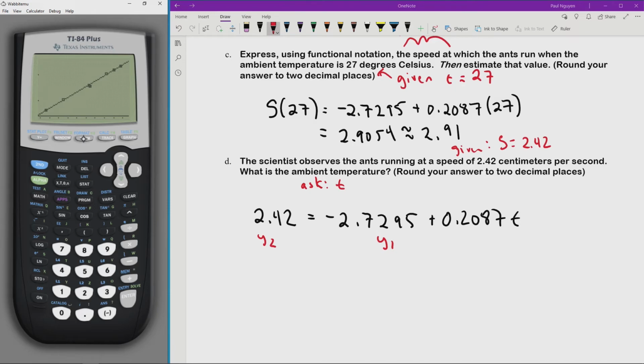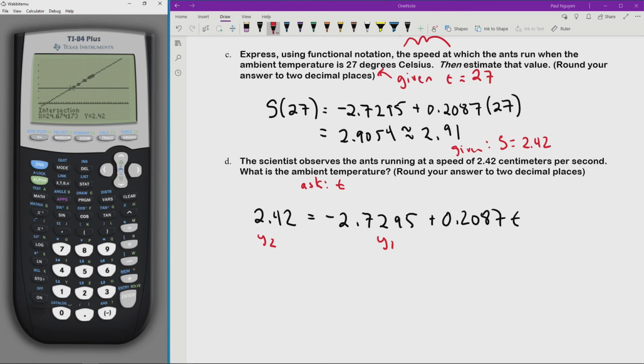So we'll go to zoom, and zoom out is the 3rd option here. So we go down to the 3rd option, hit enter. Nothing happens because we have to select the place where it's going to zoom out from. We just hit enter anywhere, and then zooming out once, you see the lines cross on the screen. Now we can go to second trace to calculate the intersection, hit enter 3 times.